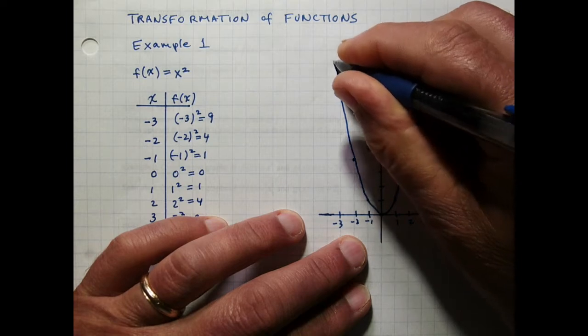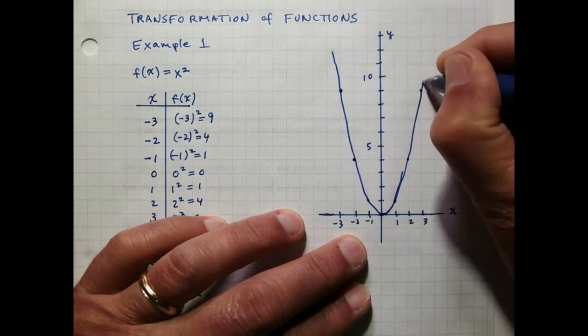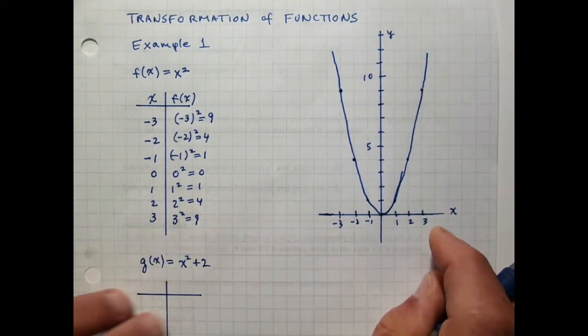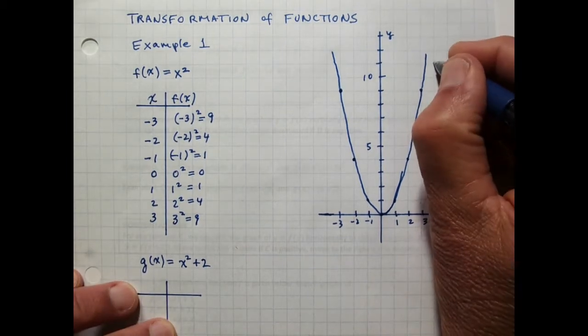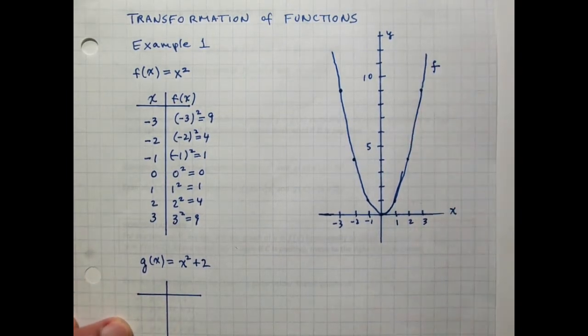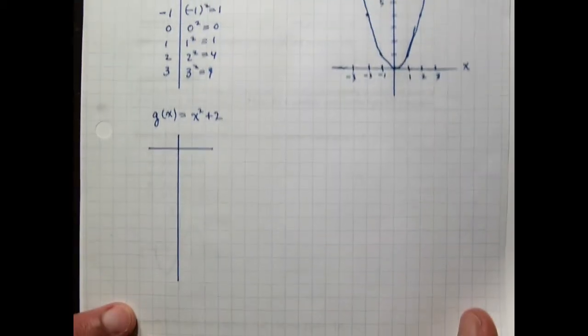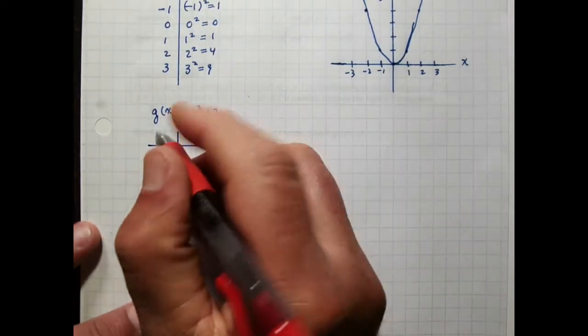I think we all know is called a parabola. Okay, so I'm just going to write a little f next to that. That's the graph of f.